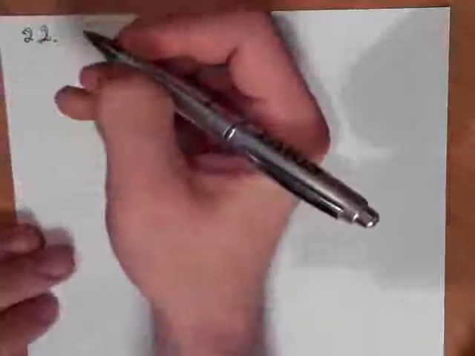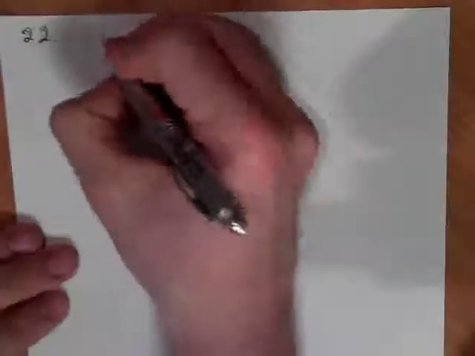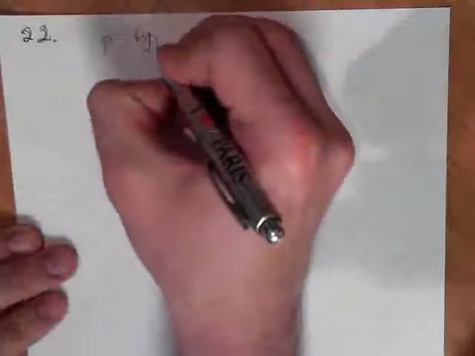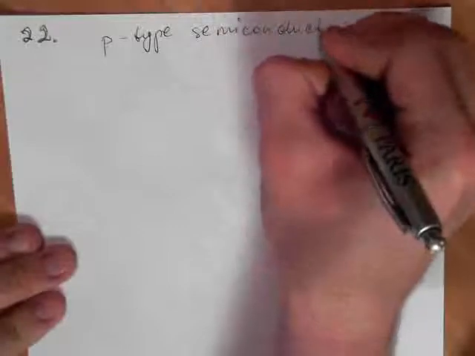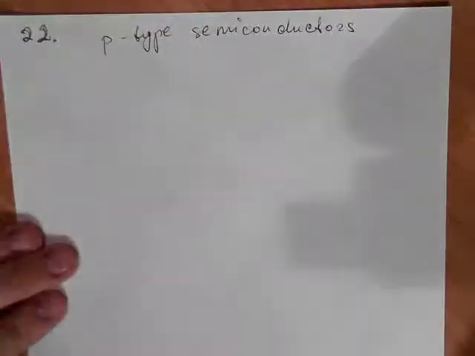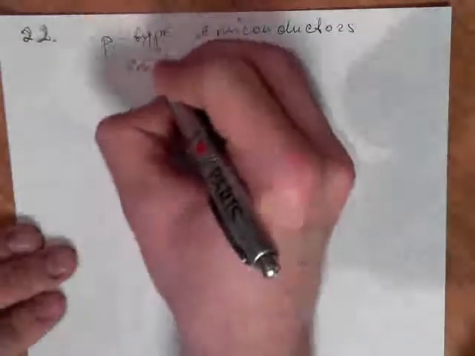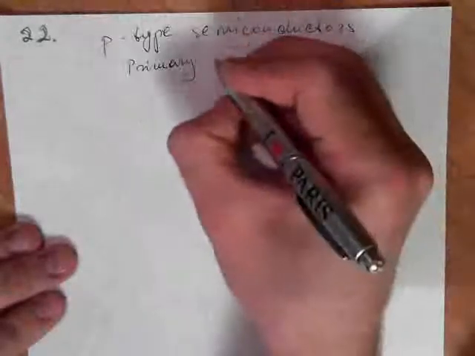Now number 22. Primary and secondary charge carriers in P and N-type semiconductors. So P-type semiconductors: primary charge carriers are holes.